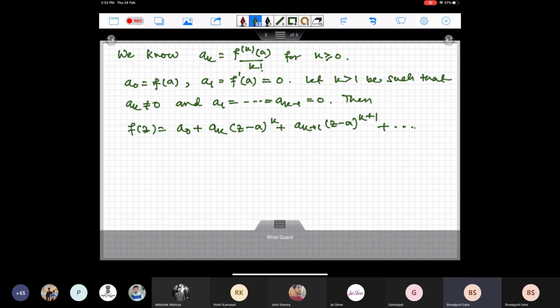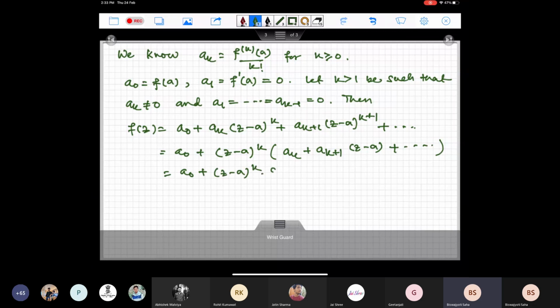Okay, now what I can do, I can just write it as a naught plus, z minus a power k, I can take it common, and then I write ak plus a k plus 1 into z minus a, and so on and so forth. Okay. So I write it like this. So therefore, I call it a naught plus z minus a power k into g of z.